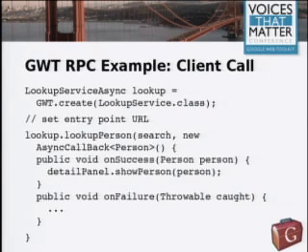In addition to the normal exceptions that your servlet might throw, you can also have an invocation exception, which is if there was actually a problem getting to the server. For example, the network's down, or there was a version mismatch between the client and server. Things like that can result in an invocation exception.